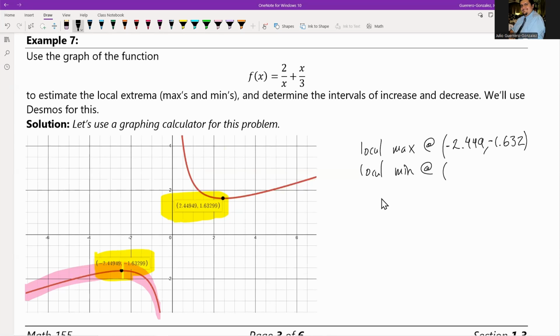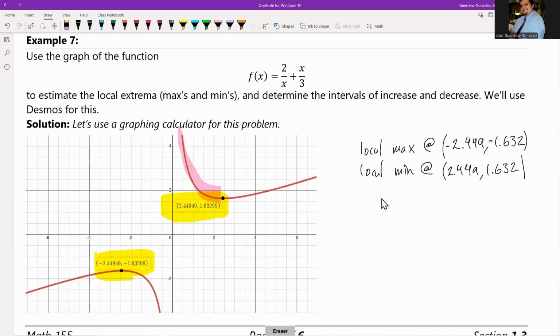And our local minimum, right? Same definition, except backwards, right? A local minimum is when it is decreasing before and increasing after. So this is going to be our minimum, 2.449, comma, 1.632.